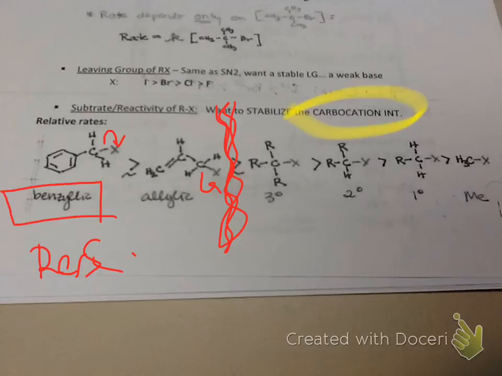Go back to chapter 7 if you don't remember these. If the halide leaves, we can form a benzylic carbocation, next door to a benzene ring, or we can also form a resonance stabilized allylic carbocation, next door to an alkene. So we have allylic and benzylic carbocations.